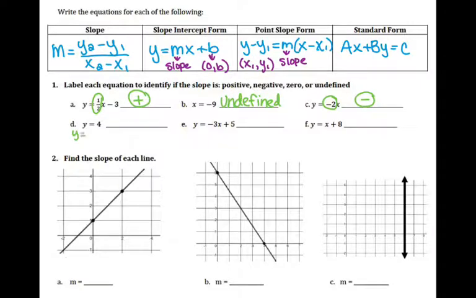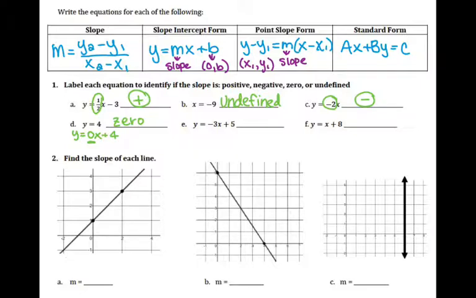I could write it as y equals 0x plus 4, and I can see my slope in this form is 0. Or, since my slope for x equals a number is undefined because it's a vertical line, y equals a number is going to be a horizontal line. Slope always represents steepness, and a horizontal line has no steepness whatsoever. So my slope for that is also 0.